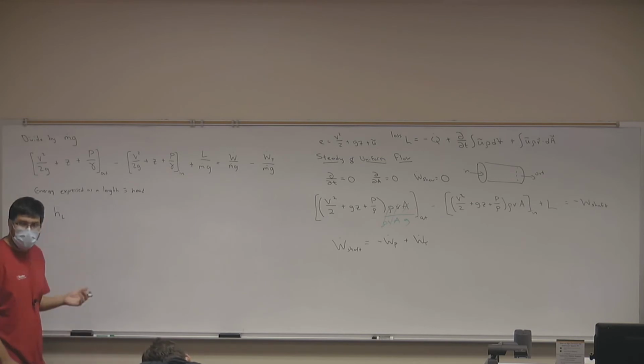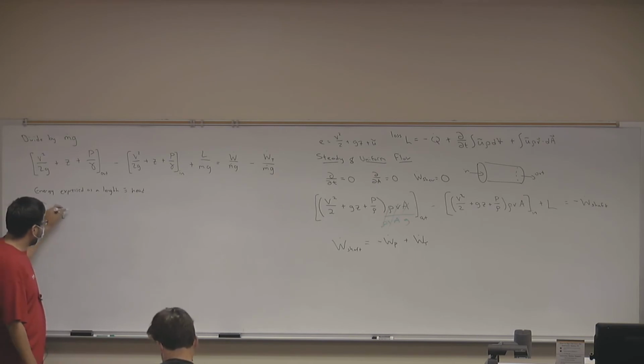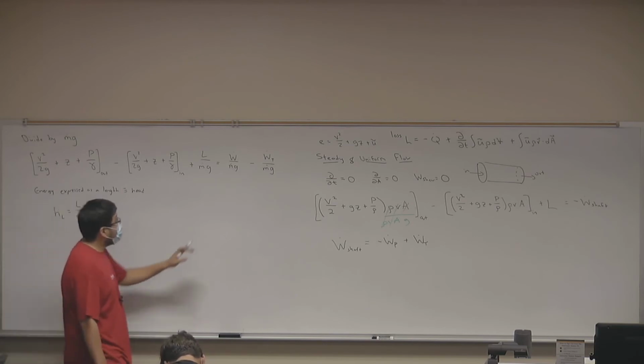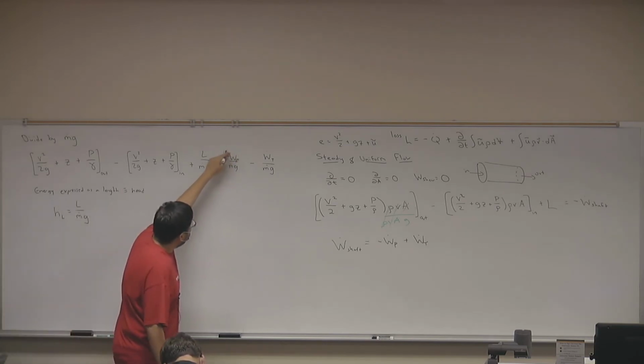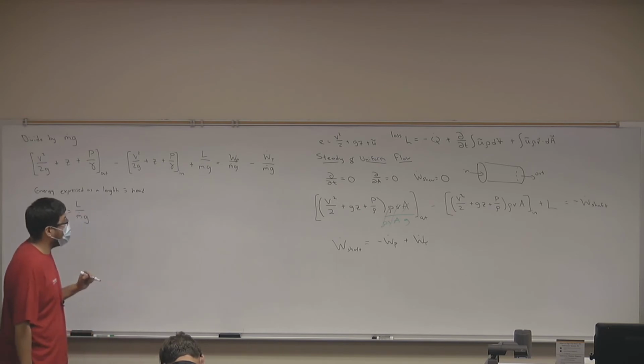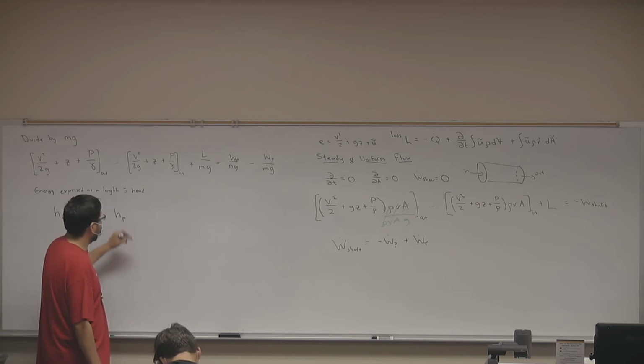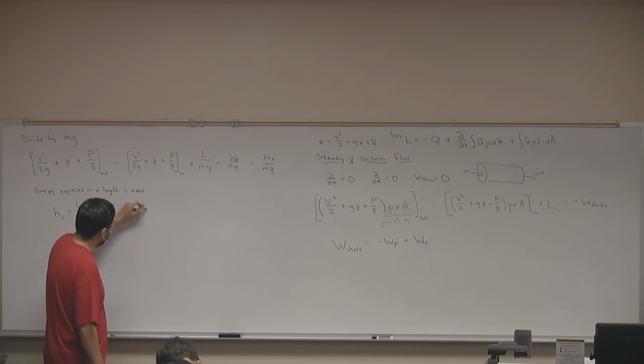Because they're called head loss, I'm going to give them a variable of h sub L, which is simply equal to losses over mass flux times gravity. We have my pump power divided by mass flux times g, which I'm going to call pump head. So pump head is equal to pump power divided by mass flux times gravity.